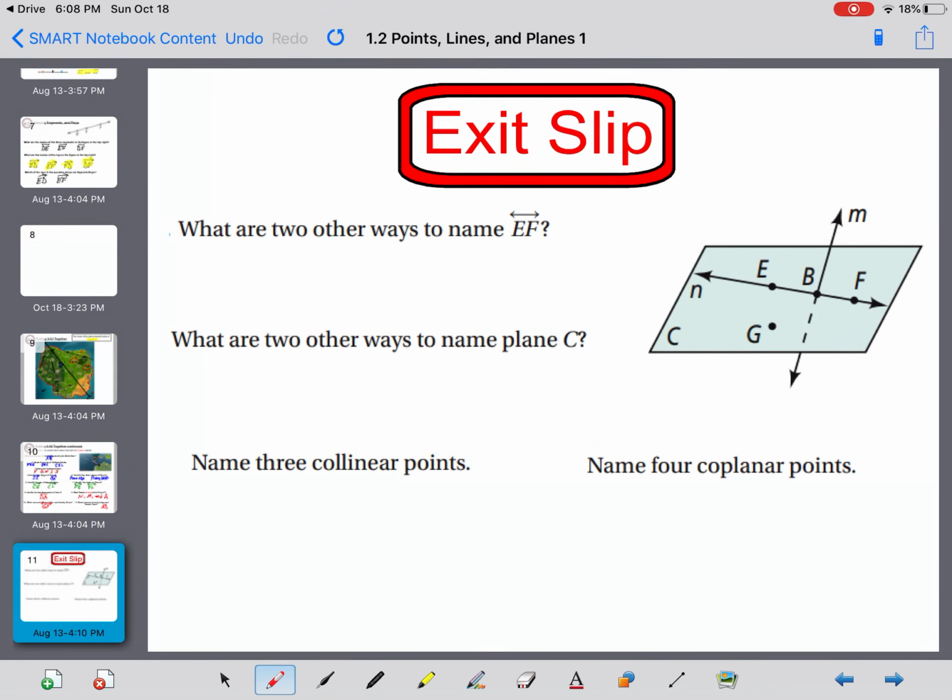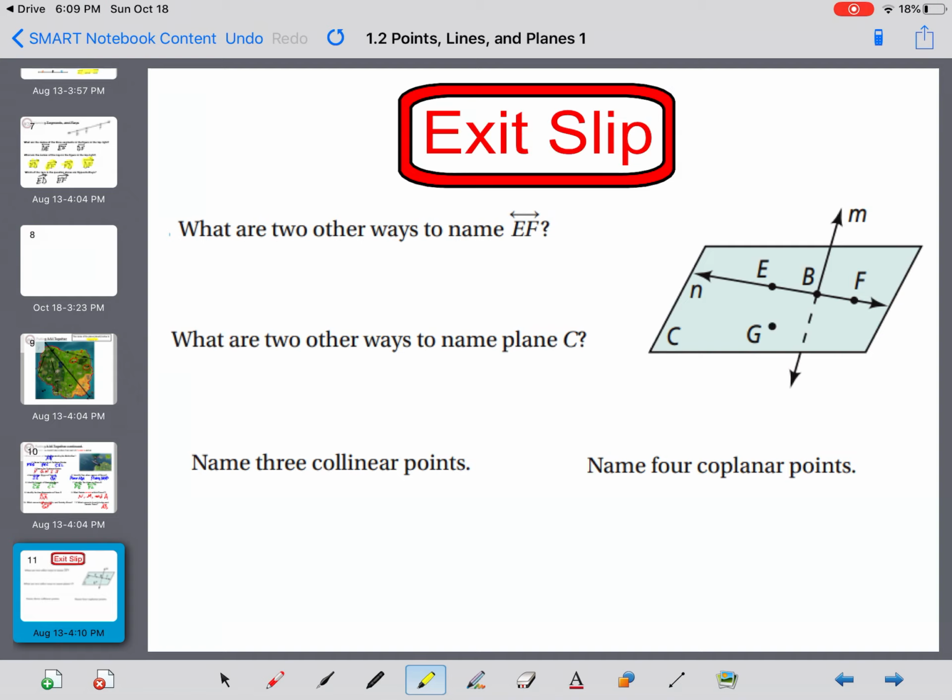Okay. Your exit slip says, what are two other ways to name line EF? Here's line EF. Jot down a way that you can rename line EF. Next question says, what are two other ways to name plane C? You have plane C here. Remember, you could choose any 3 points within the plane to rename it.